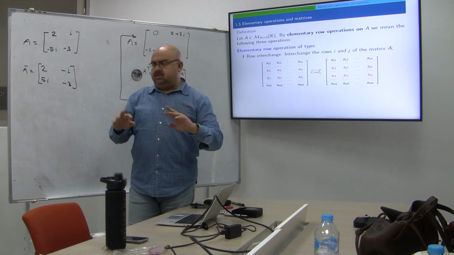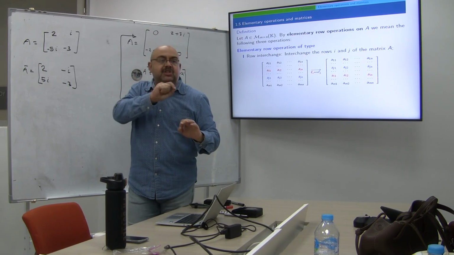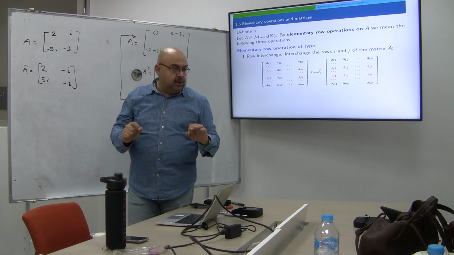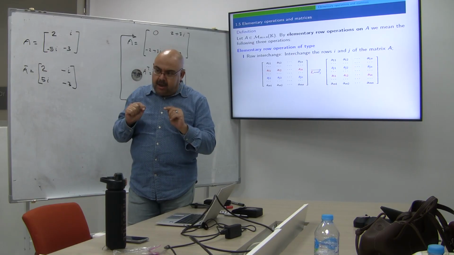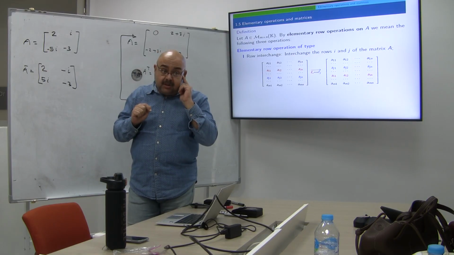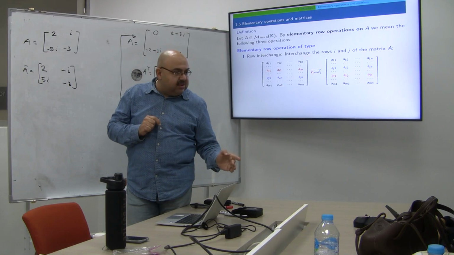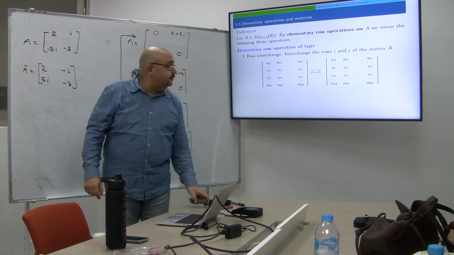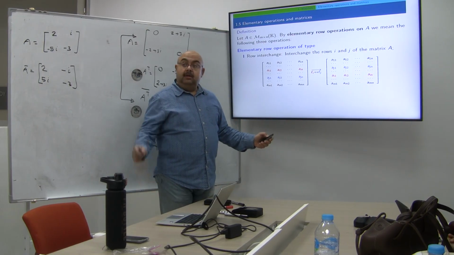We can replace the rows and that's it. We don't have to write that I've replaced the first row instead of the third row, or the second row instead of the first row. But here you will need it. So this is why you will have to focus on what exactly you are doing, replacing the first row instead of the second, or vice versa. So that's the first operation. Any questions?